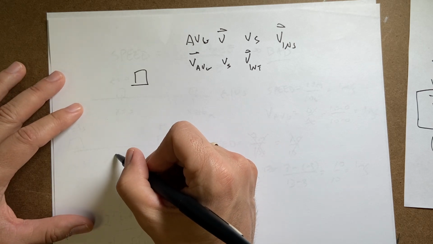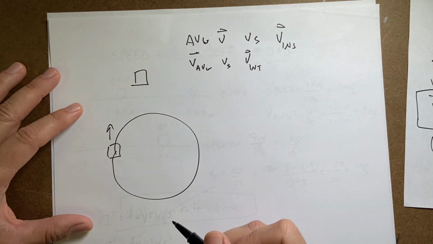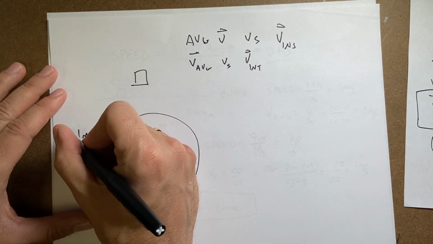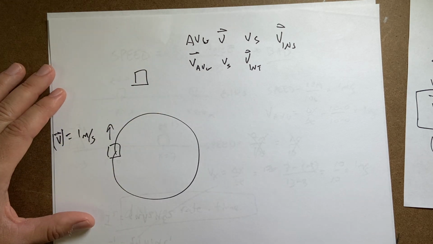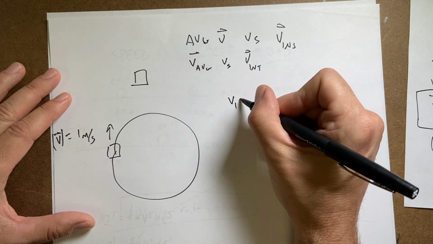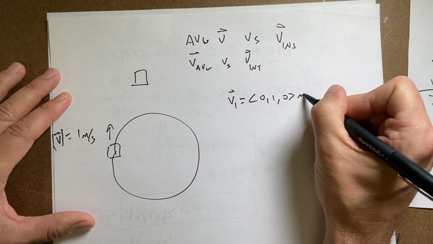So here's my circular track. And I have a car, let's say it's going at 1 meter per second as the magnitude of the velocity. But in this case, it's going in the positive direction. So this is v1 equal to the vector 0, 1, 0 meters per second.